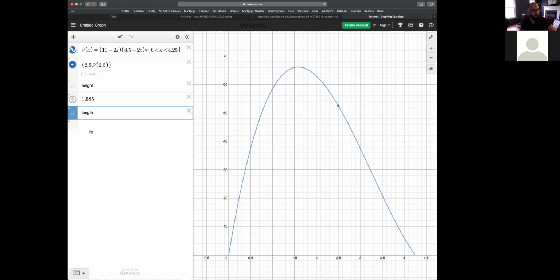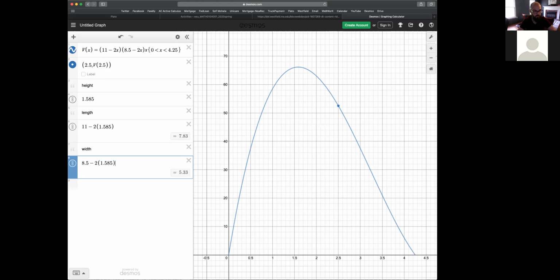Length was 11 minus 2x. So it would be 11 minus 2 times 1.585. And then width was 8.5 minus 2x. All right, so our width here is 8.5 minus, not divided by, minus 2 times this 1.585, right?